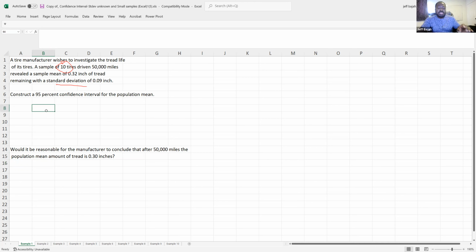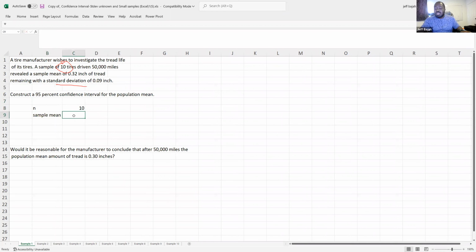So let's start with what we know, and then we'll go to what we do not know. What we know is that the sample size is 10, because there were only 10 tires that were being sampled. We also know that our sample mean from those 10 tires gave us 0.32 inches, right? And then we also know that the standard deviation that we're given is a sample standard deviation, and it's 0.09, right?